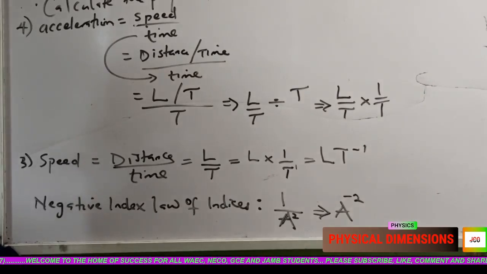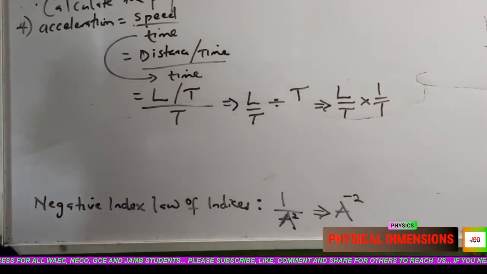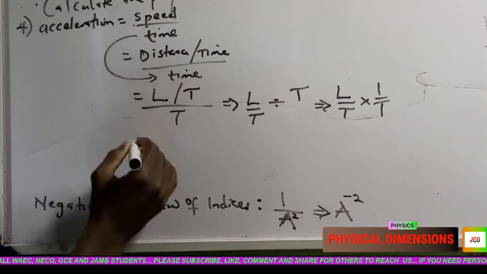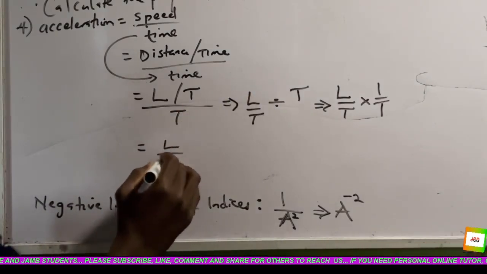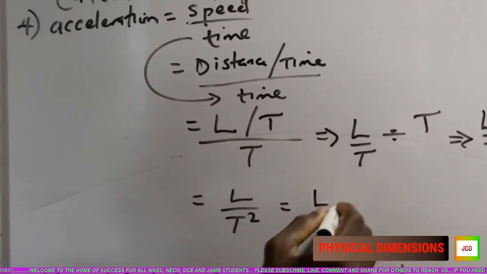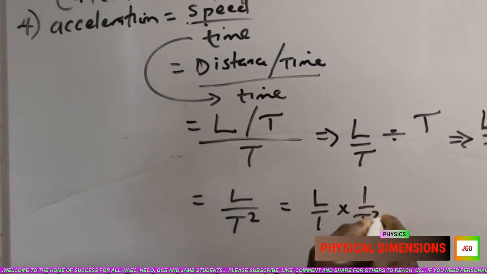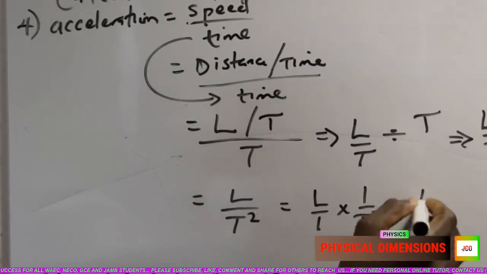See that now? So if you multiply that further, we're going to have L times 1 as L over T square. And this is the same thing as L over 1 times 1 over T square. And of course, applying your negative index rule, 1 over T square gives you what?